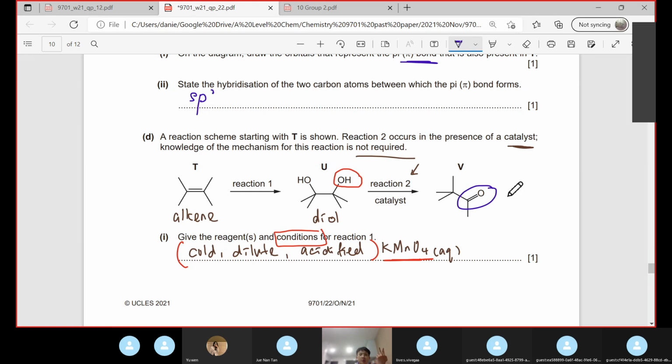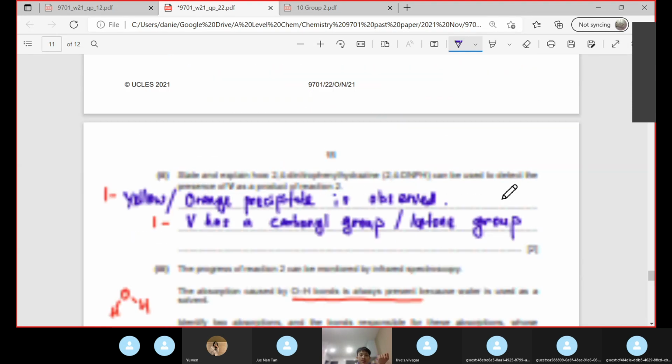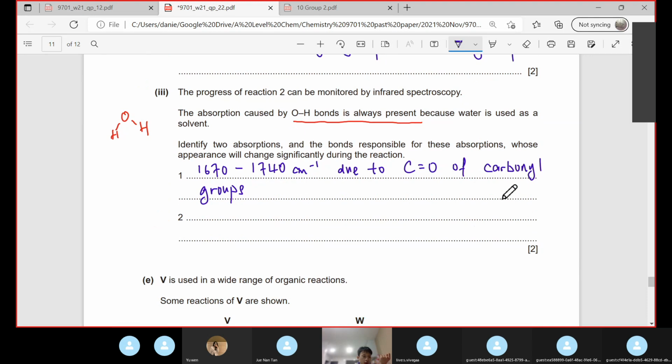They request 2 absorptions, right? OH you cannot write down as they already mentioned there is water. Then C=O is one of the answers. How about the other one? The other one is the C-O single bond. If you have another alternative, then you don't write it down.